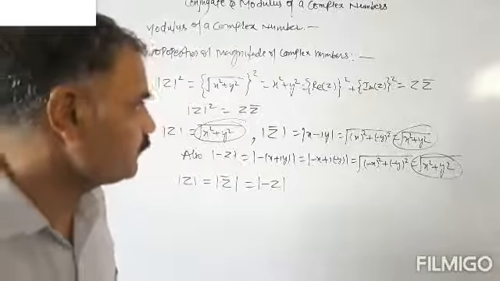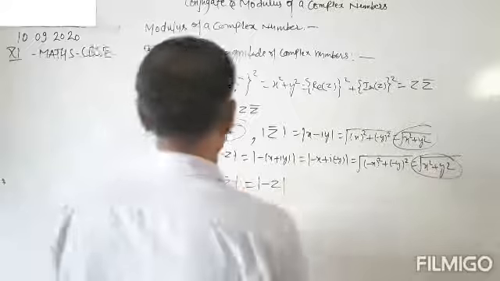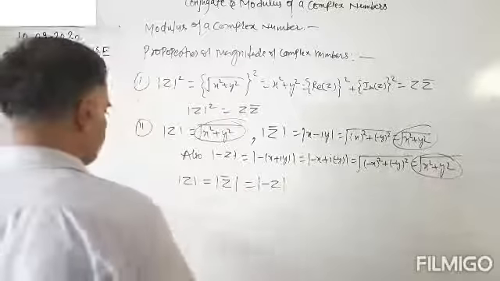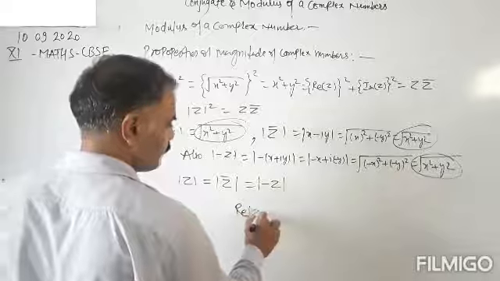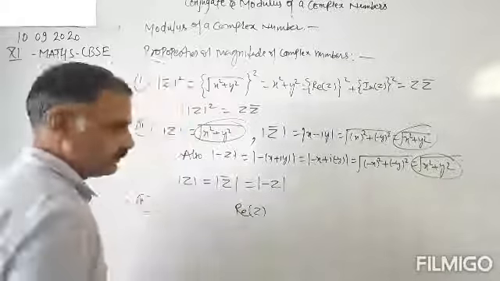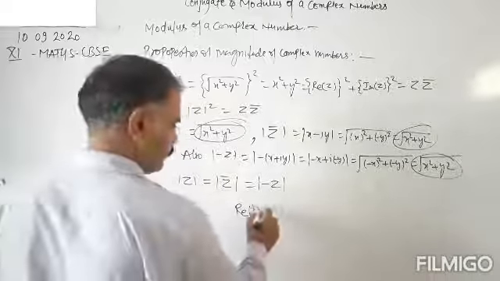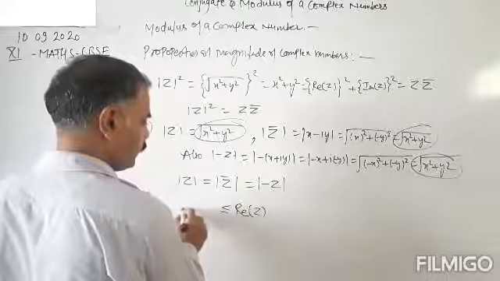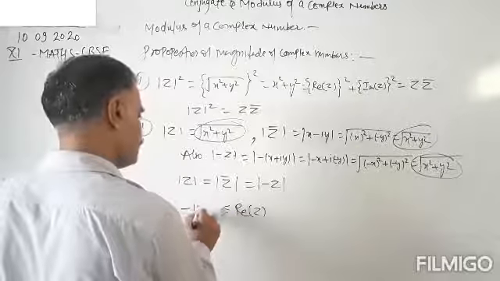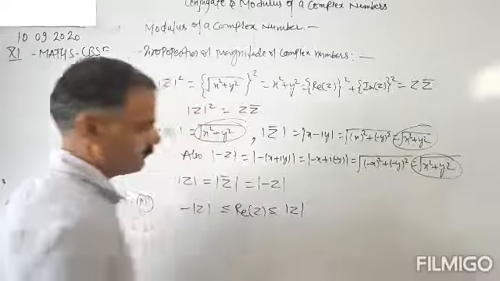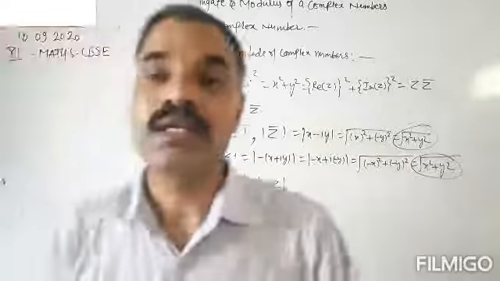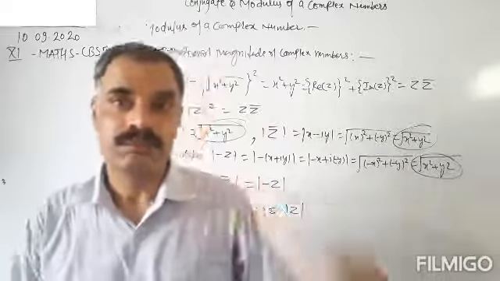The next property, the third property, is that real part of z is greater than or equal to minus modulus z and less than or equal to plus modulus z.